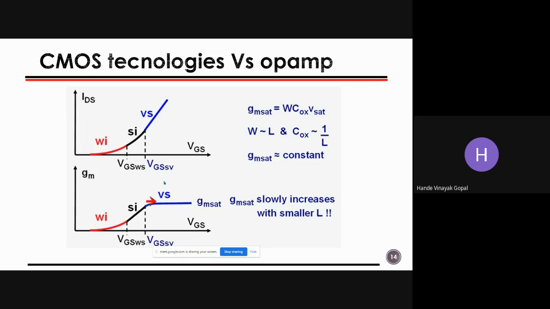There also people are designing a lot of sensor-based front-end circuits.